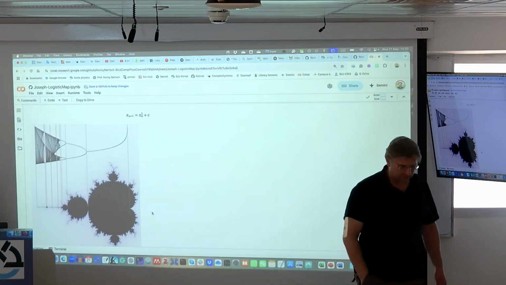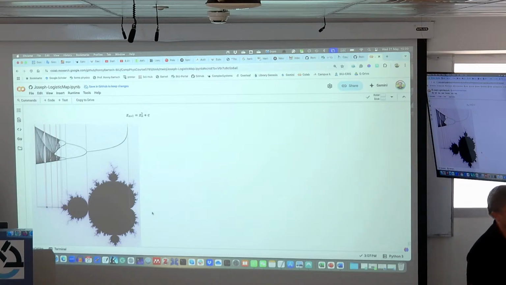Another thing with the logistic map is when you look at a dripping tap. When it's not closed completely, it makes a drop periodically.